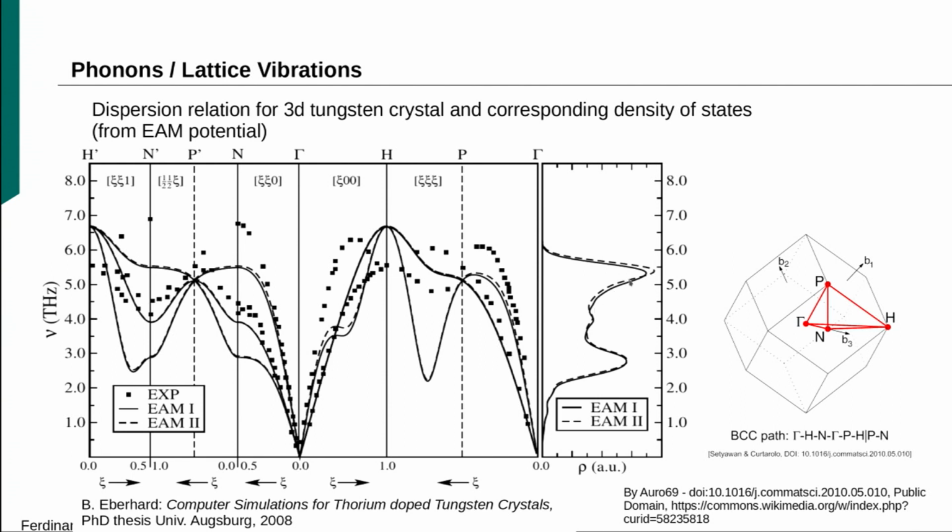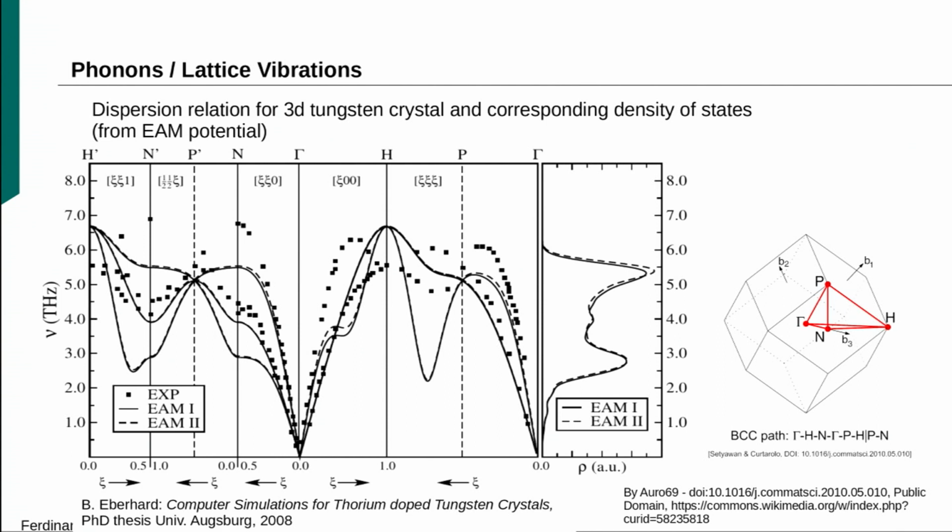But here on the right-hand side, you see the density of states, and you see certain maxima here. And I think the minima can play a particular role. I think next week we will speak about phase transformations. If such a point here goes down to very low frequencies, that's why I mentioned this transformation in the language of quantum mechanics.